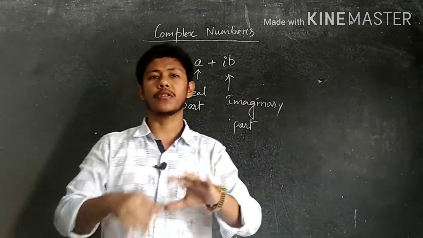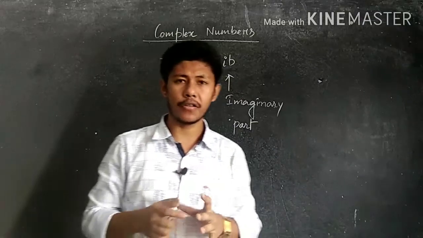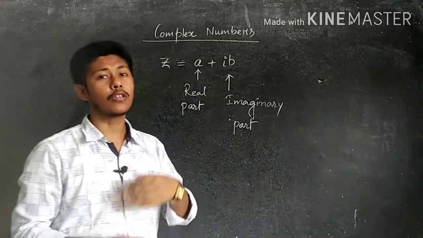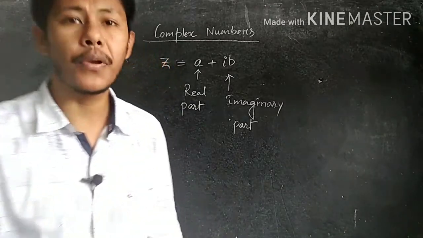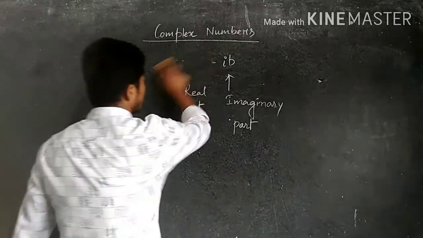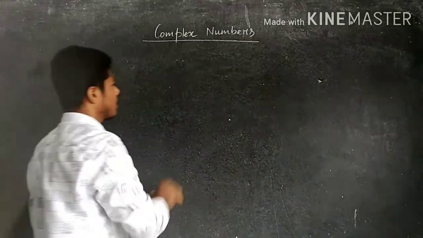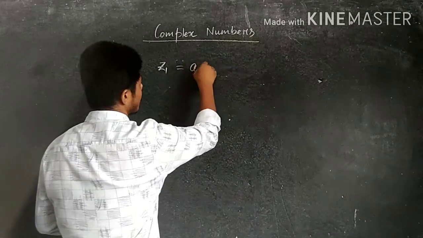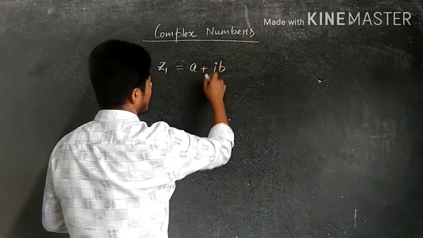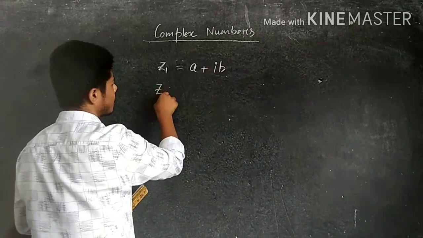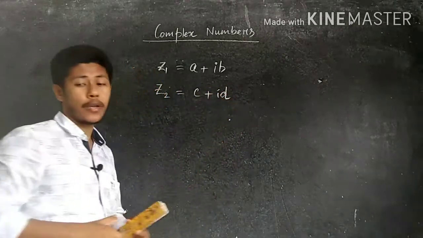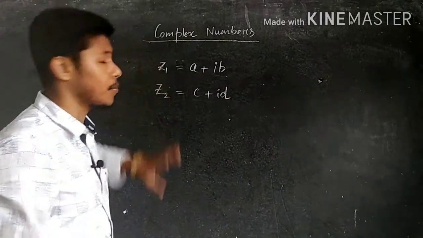We also discussed when two different complex numbers are equal. If we repeat this, suppose we consider two complex numbers: the first is Z1 equal to a plus ib, and the other is Z2 equal to c plus id. When can we say these two complex numbers are equal?